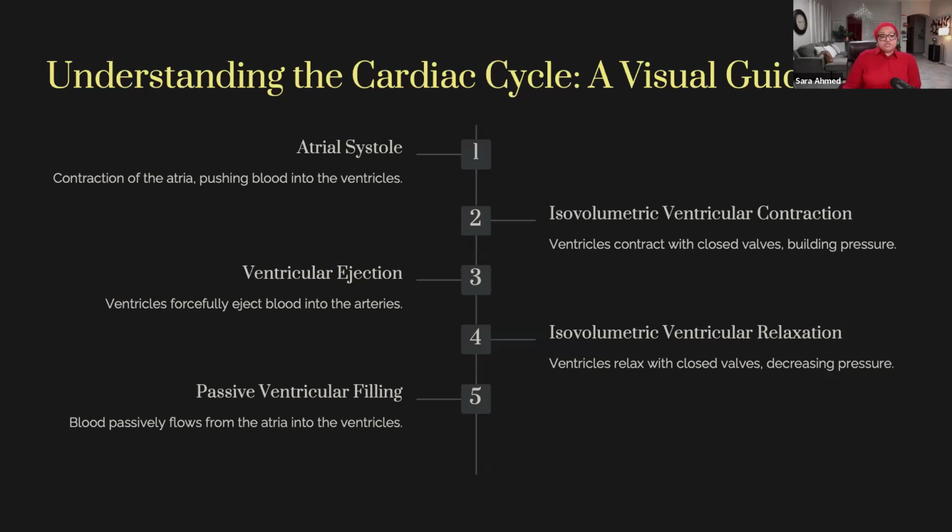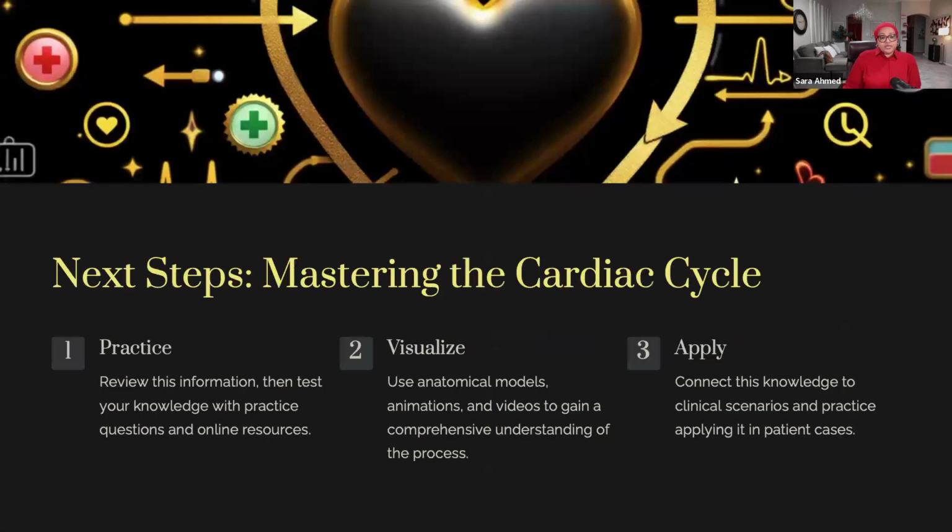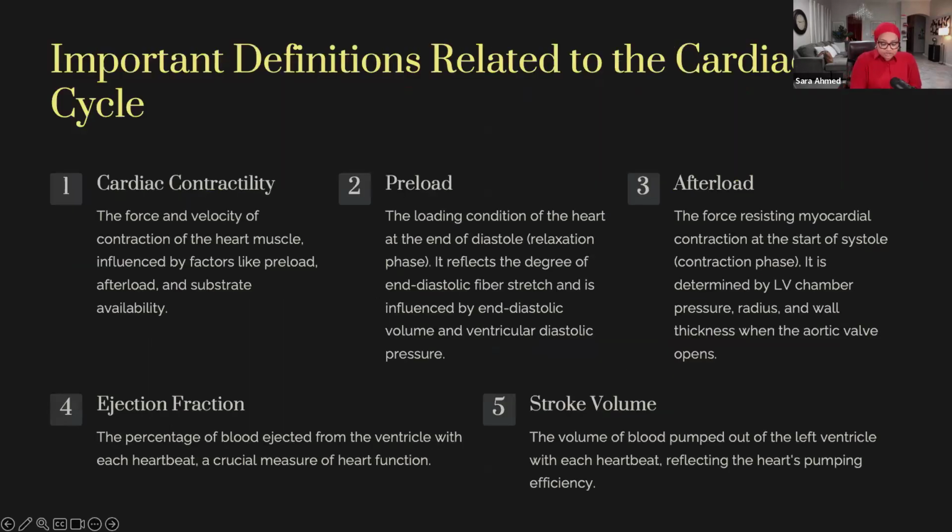So let's try to understand these definitions. One of the important definitions is a term called cardiac contractility. What that means is the force and velocity of contraction of the heart muscle.